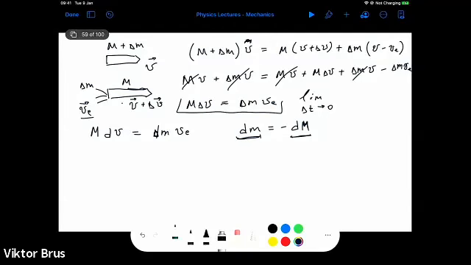Okay, so now we do this substitution. We put capital dM instead of small dm. So it's M dV equal to minus V_E dM. Okay, and now we can divide both sides by capital M, and we get a differential equation.